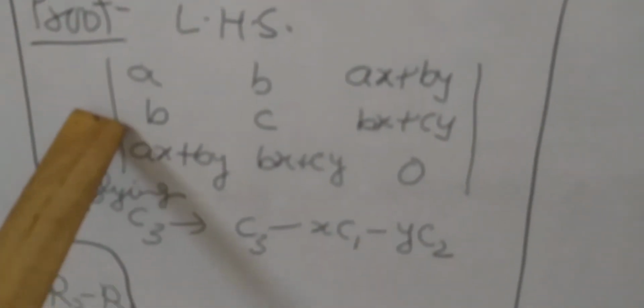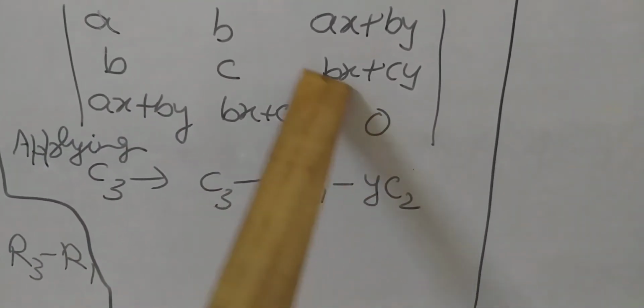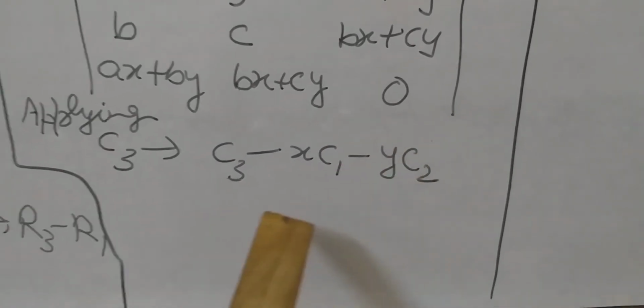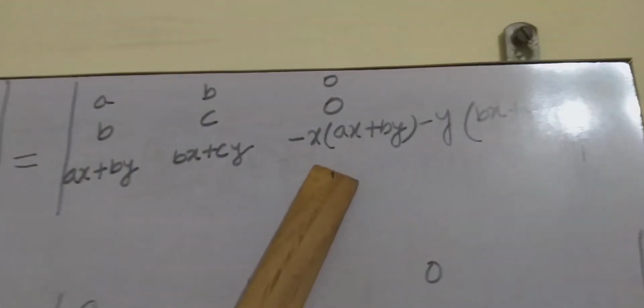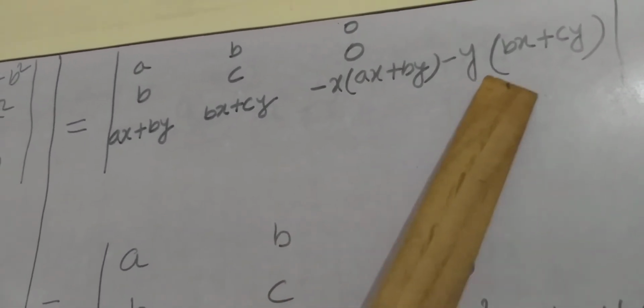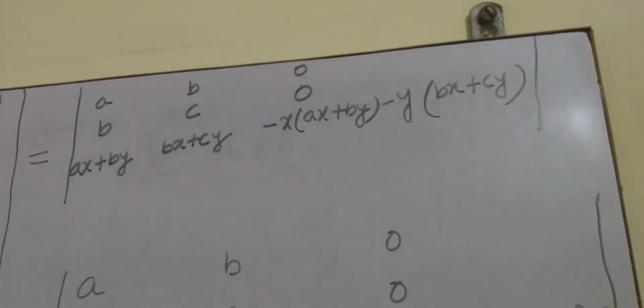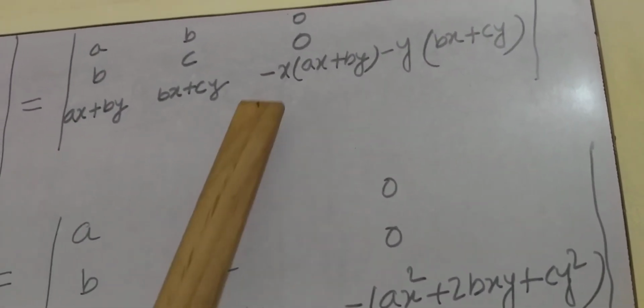Now here students, we have to multiply this by x and we have to multiply this by y. So then what will be here? You can see, students, minus x into ax plus by, minus y into bx plus cy. Okay, students, let us simplify this.